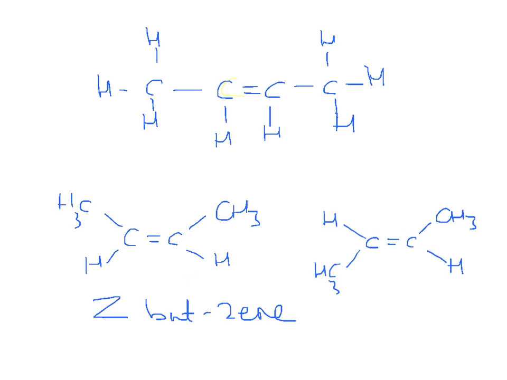Comparing this molecule with this molecule, both the hydrogens are on the same side, so it's a Z isomer, whereas over here the hydrogens are on the opposite side, and therefore this particular isomer is going to be E butene.